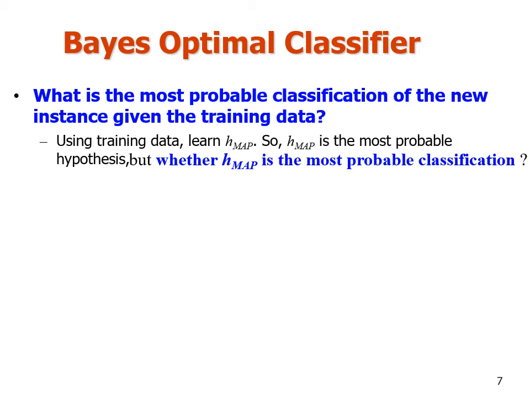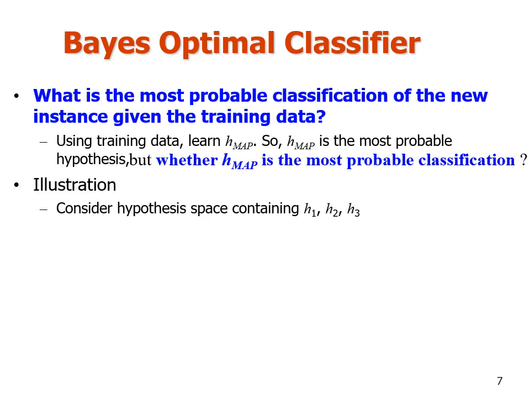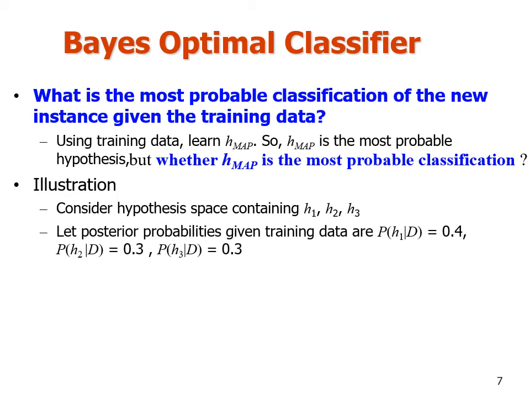To clarify the distinction between these two questions, let me illustrate this with one example. Let us assume that we have a hypothesis space containing three hypotheses H1, H2 and H3. Also, let us assume that the posterior probabilities given training data D are as follows.